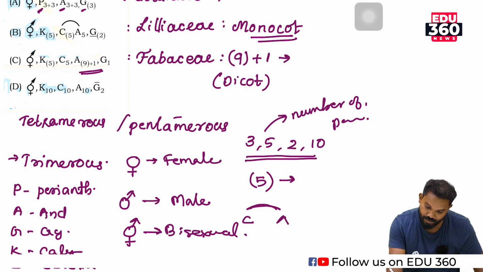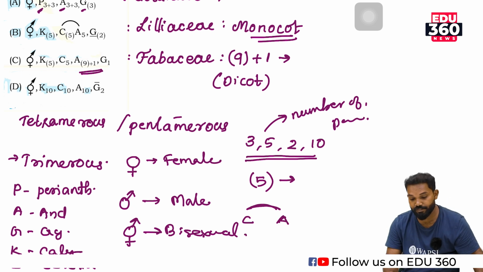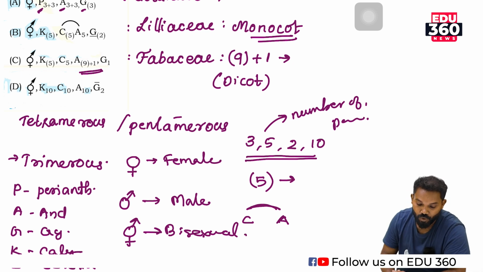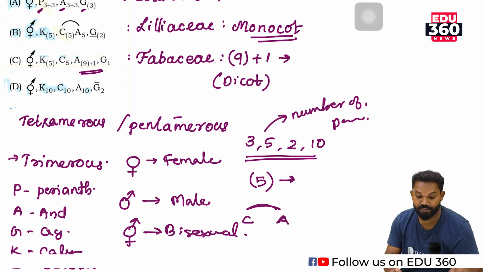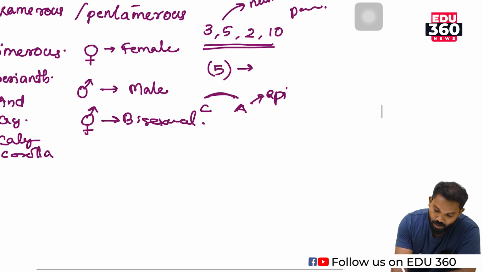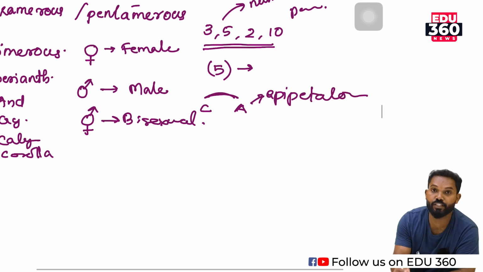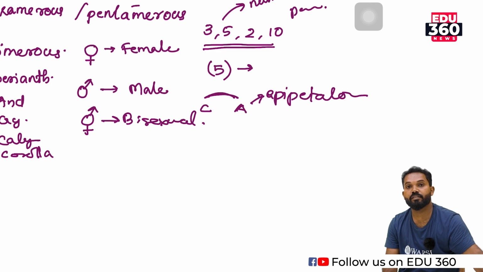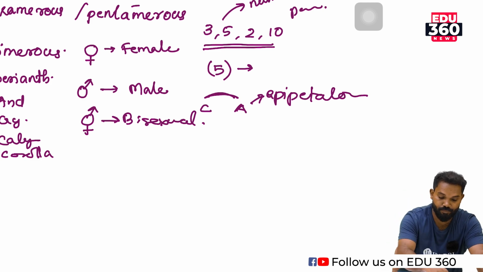With calyx C, A represents androecium, which means the androecium is attached to the corolla, not the calyx. Androecium attached to the corolla means the epipetalous condition. So the arch means they are fused.